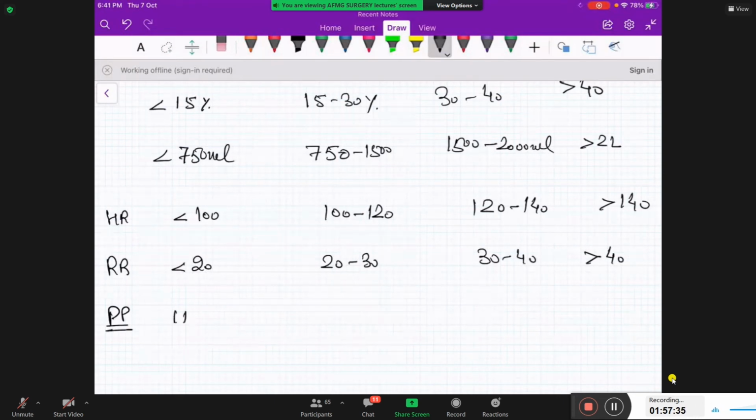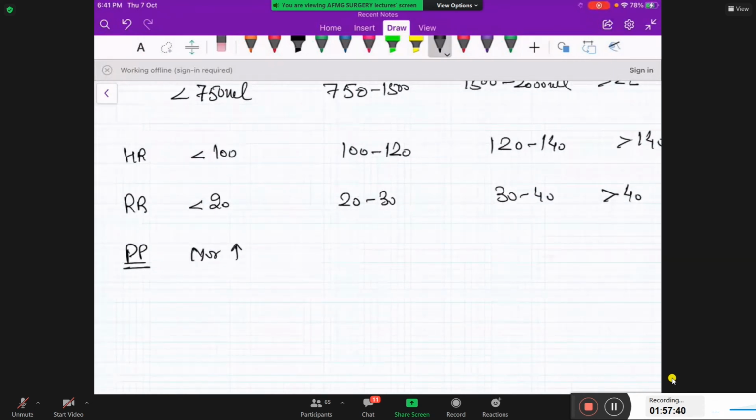And it is normal or increased in class 1, decreases in class 2, decreases further in class 3 and class 4 shock.